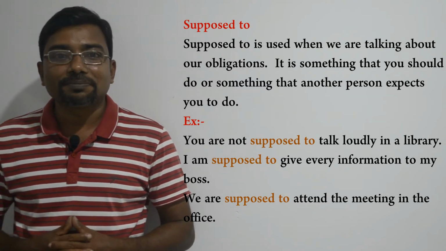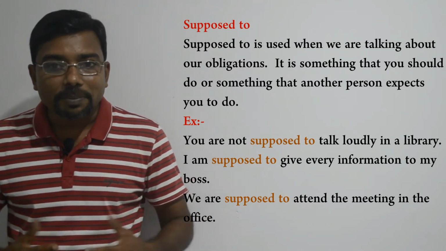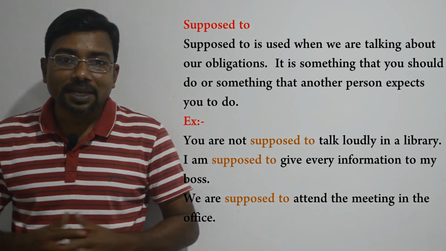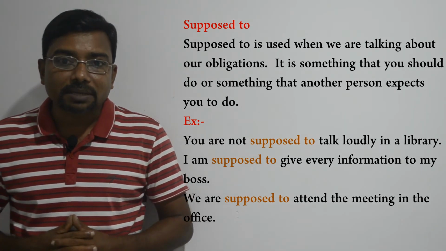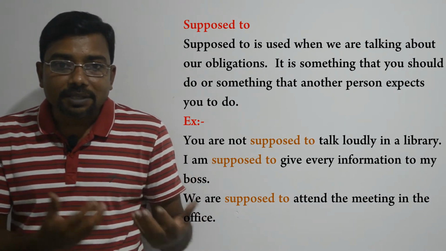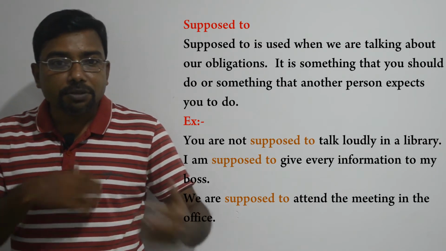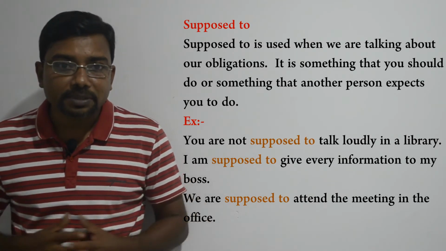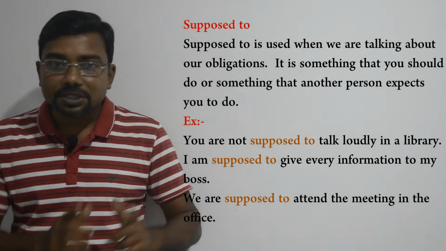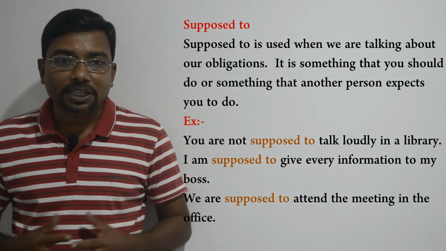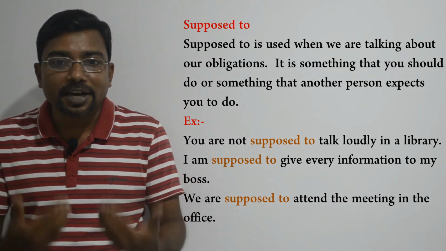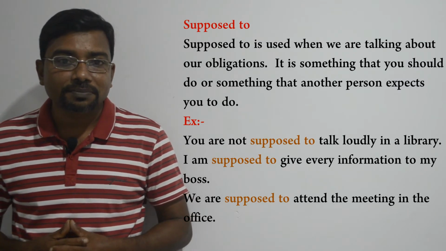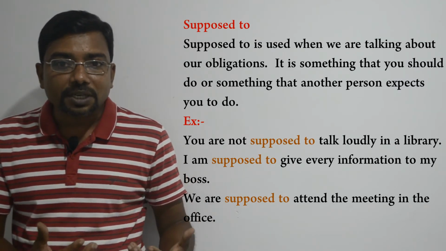Look at the second one. I am supposed to give every piece of information to my boss. Okay, it is an obligation because my boss expects every piece of information from me, so therefore I am bound to do that. That is my responsibility. So that is why we use the phrase supposed to. Look at the next one. We are supposed to attend the meeting in the office. Okay, it's also an obligation.